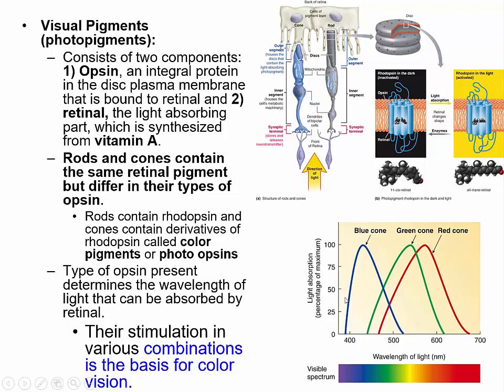And looking at this, for example, you have blue cones, green cones, and red cones. Well, the cones themselves aren't colored, it's just the wavelength of light that they happen to absorb. And what determines the wavelength of light that they absorb is going to be the type of opsin that you have. When that wavelength of light gets absorbed, it's going to change the shape of these retinal molecules in here. Their stimulation in various combinations is the basis for color vision.